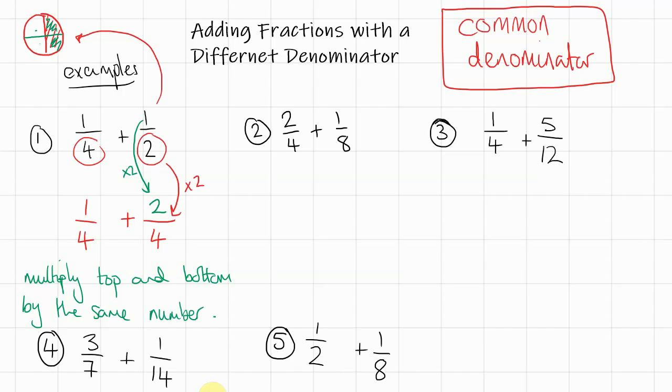And that's how we keep the fraction exactly the same, just written differently. So instead of writing a half, we've written 2/4. And then from this step, we can say 1/4 plus 2/4, this is 1/4, this is 2/4, it would be 3/4. I've done 1, add 2, gives me 3.